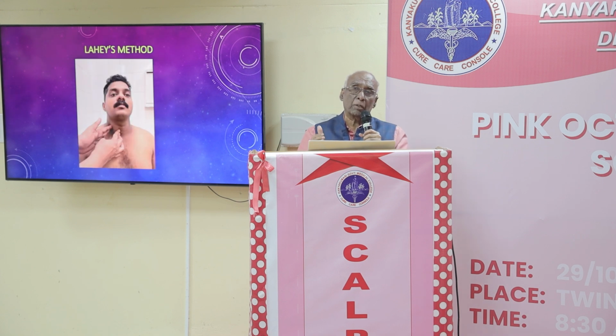This is Lahey's method, that is, you push, in this case the right lobe is being examined, they push the right lobe to the right side with the right hand, and palpation of the left lobe is done. Similarly, the other lobe also can be examined. That is the Lahey's method.